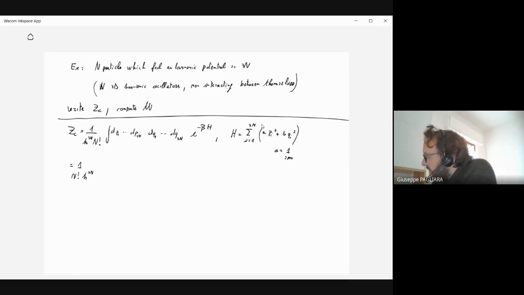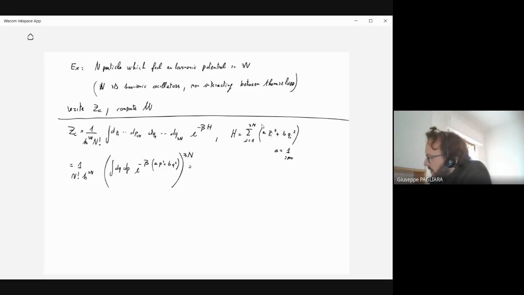Then, since all these integrals are the same, I just have a dq as before, dp, e to the minus beta, then I have here a p squared plus b q squared. And this integral is present 3n times. Okay, so let me check if this is correct. It's 3n, dq, minus beta, and so on. Okay, good.